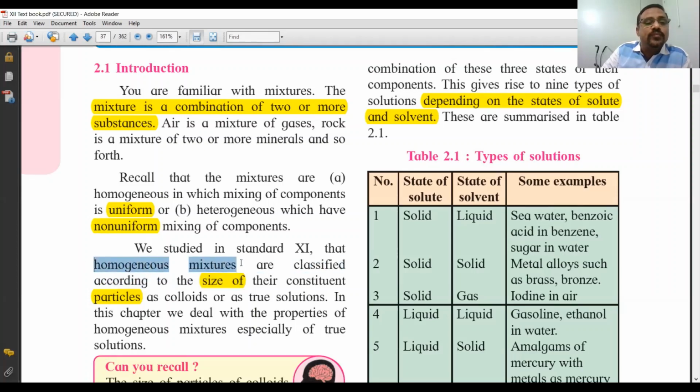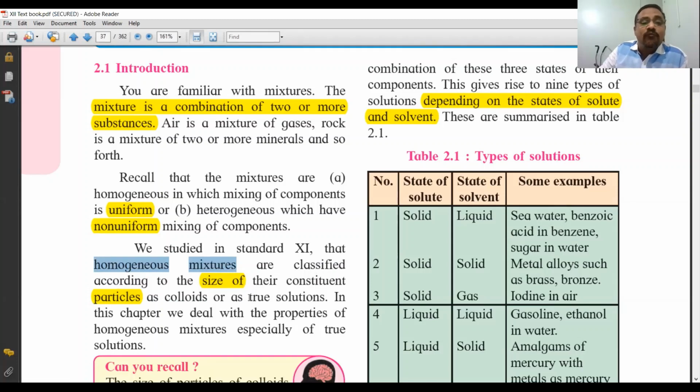Homogeneous mixtures are classified according to size as colloids or true solutions. I think, students, this is the wrong word, because it is the mixtures that are classified depending on the particle size as colloids or true solutions, not the homogeneous mixtures.